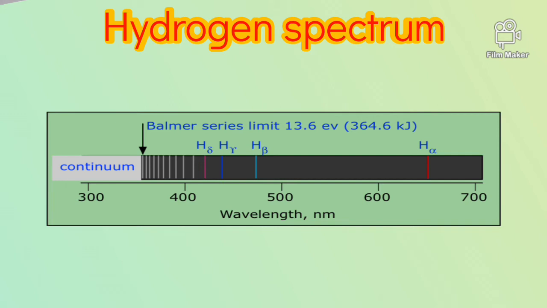These are excited hydrogen atoms, and they release energy again as electromagnetic rays. As a result we get the Lyman series, Balmer series, Paschen series, Brackett series, and Pfund series. But I will discuss the Lyman, Balmer and Paschen series.